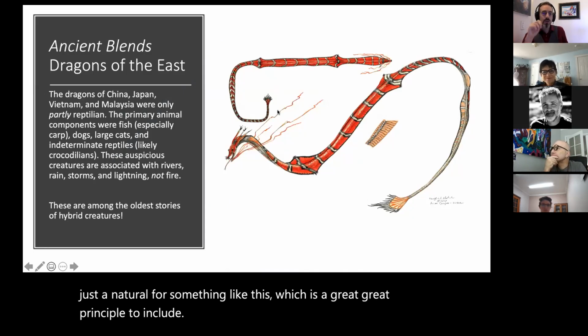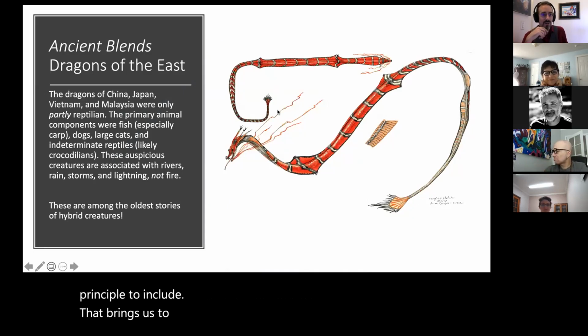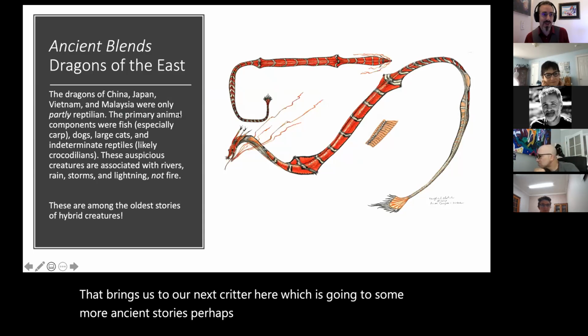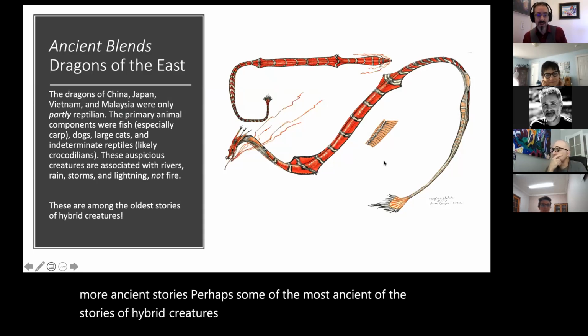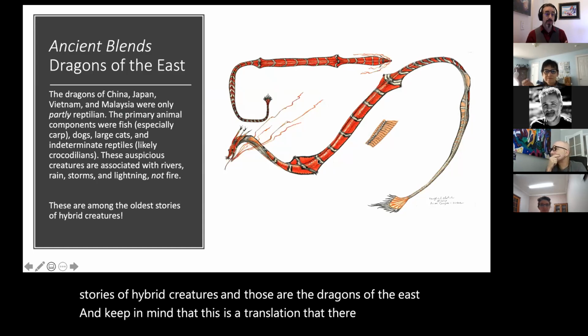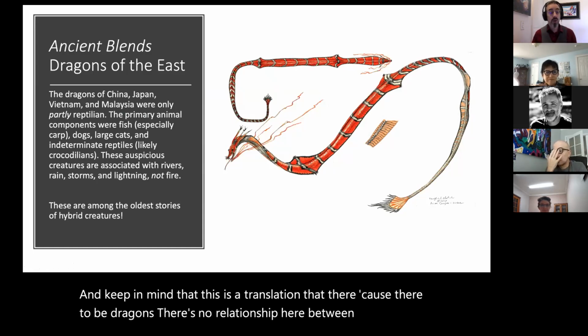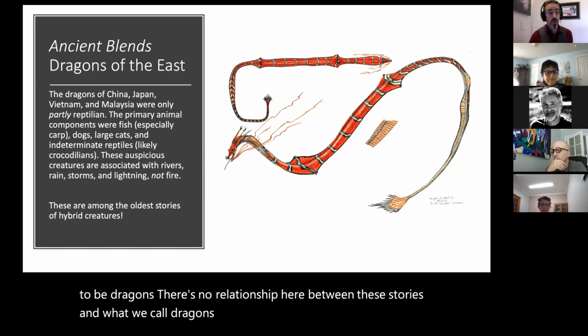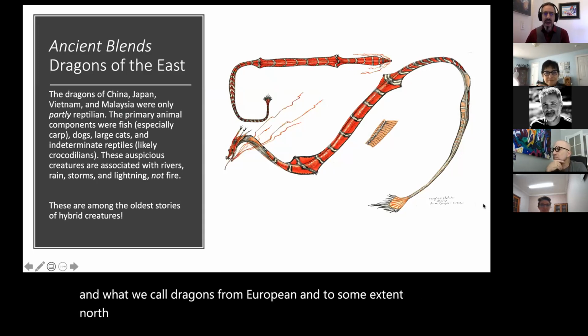That brings us to our next critter here, which is going to some more ancient stories, perhaps some of the most ancient of the stories of hybrid creatures, and those are the dragons of the East. Keep in mind that this is just a translation, that they're considered to be dragons. There's no relationship between these stories and what we call dragons from European and, to some extent, North African legends.